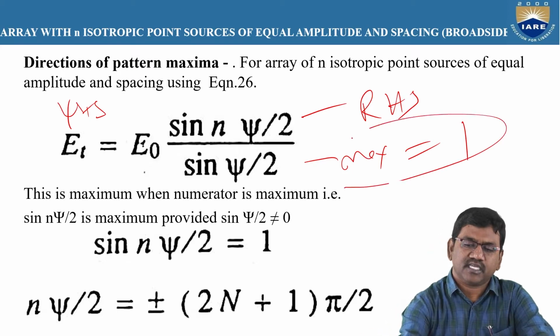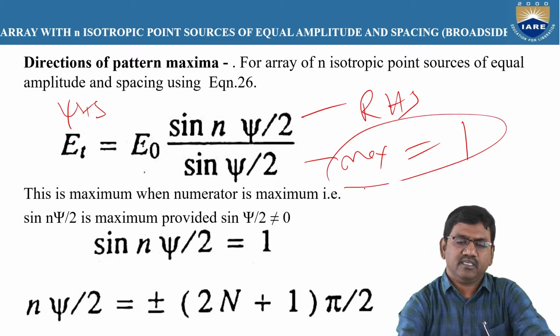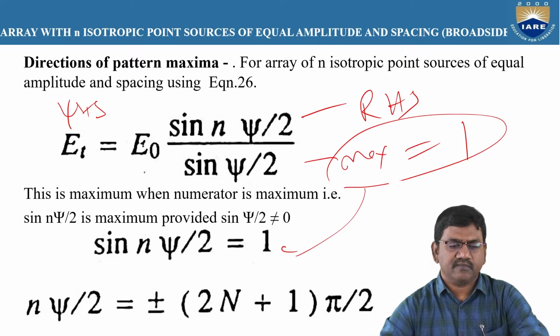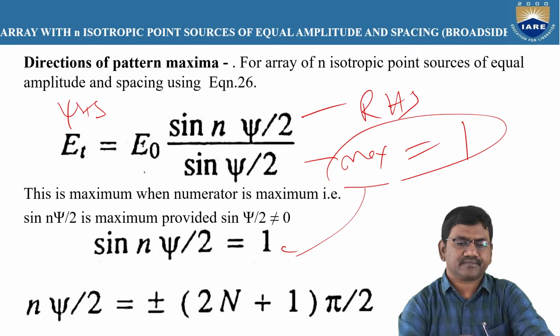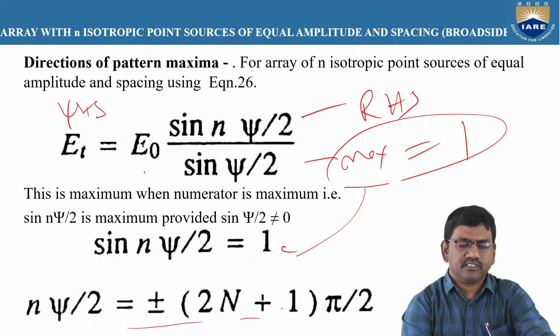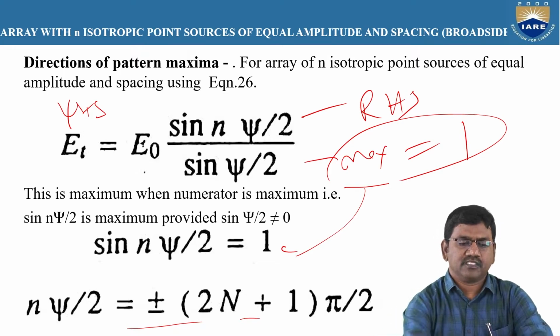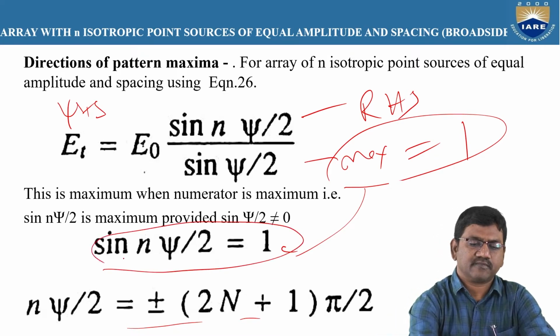Under this condition, if we equate sin n psi by 2 equal to 1, you will get n psi by 2 is equal to plus or minus 2n plus 1 into pi by 2. This is the trigonometric solution for this expression.